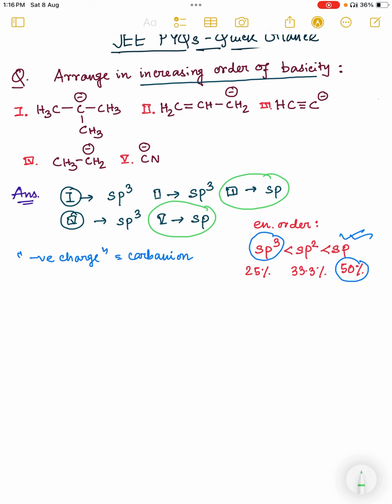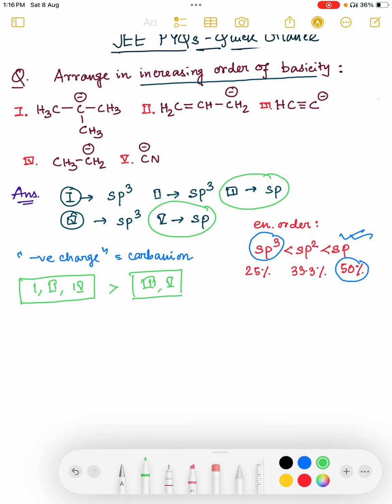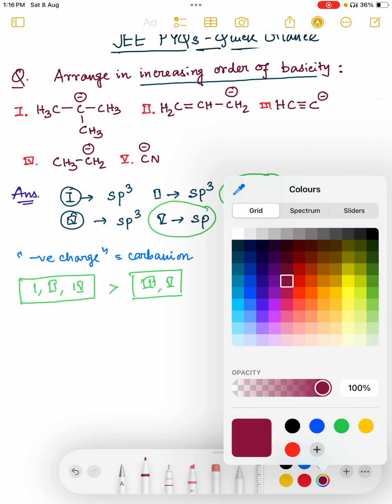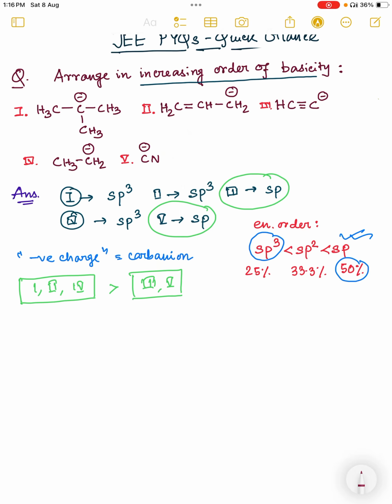So 1, 2, and 4 are actually much more basic than 3 and 5. Now, after clubbing these examples into separate categories, we can say what is the order between these three and what is the order between these two.